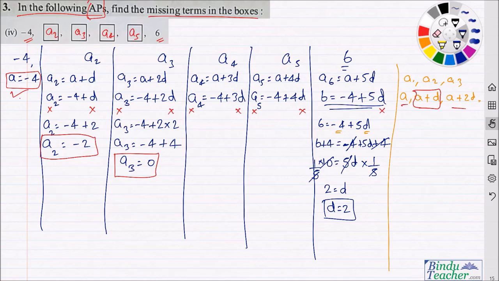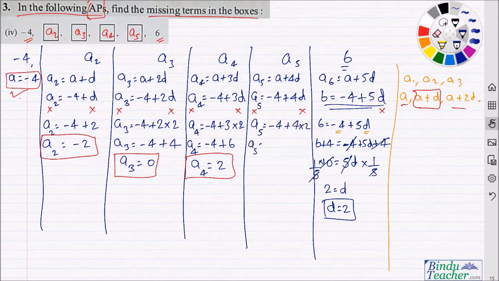Next, A4 equals -4 plus 3 into 2. A4 equals -4 plus 6. A4 equals 2. Then the last one, A5 equals -4 plus 4 into 2. A5 equals -4 plus 8. A5 equals 4.